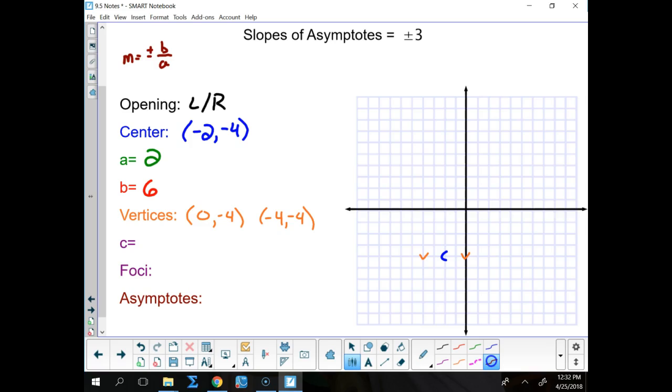So that means plus and minus 3 is equal to plus or minus B over A. A was 2, right? I've got plus and minuses on both sides, so I can forget about that. Multiply both sides by 2. That gives me B is 6.